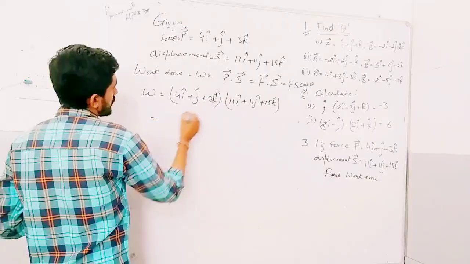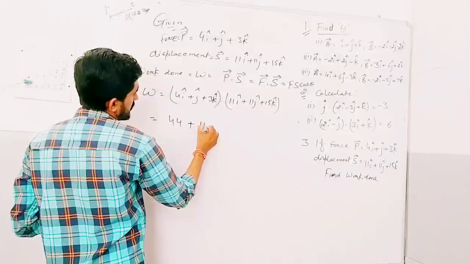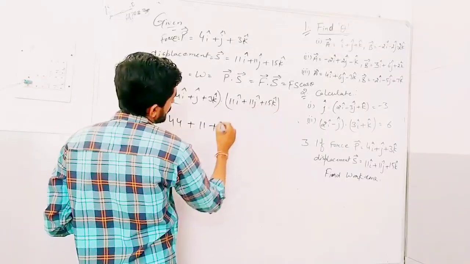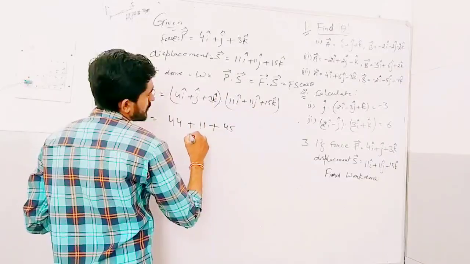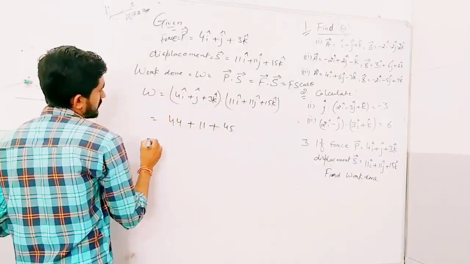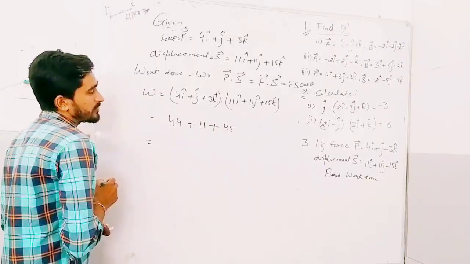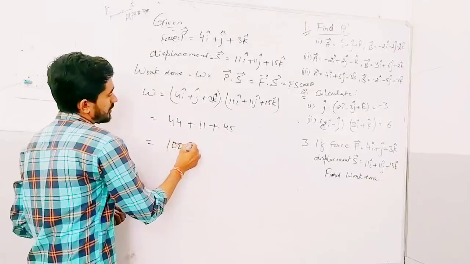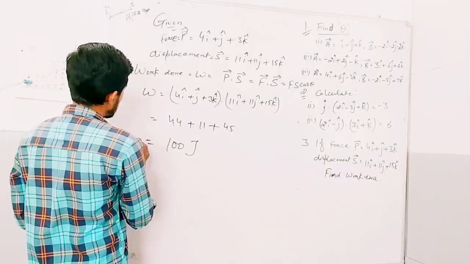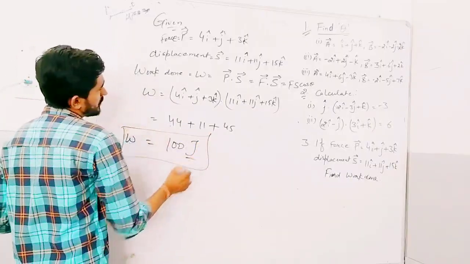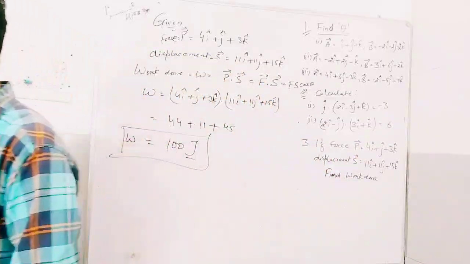Dot product gives 44 for i dot i, plus 11 for j dot j, plus 45 for k dot k, since 15 into 3 is 45. 44 plus 11 is 55, and 55 plus 45 gives 100. So work done will be 100 joule. The unit will be joule: force is in Newton, displacement is in meter, and our answer will be in joule.